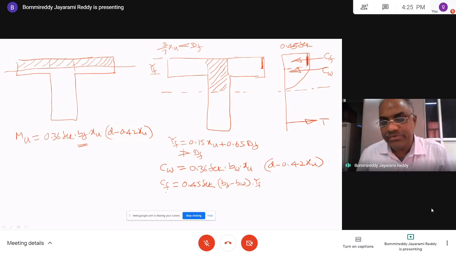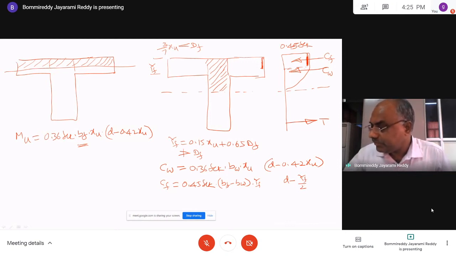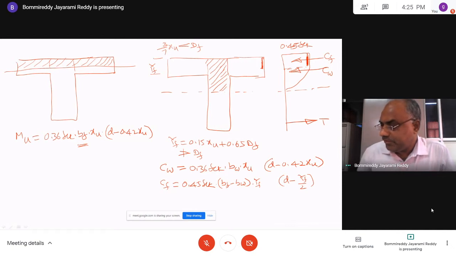So this is the compressive resistance of the flange. What is its lever arm? The lever arm will be equal to D minus YF by 2, because CF to the top is YF by 2. So the lever arm is the total depth minus YF by 2. If you want the moment, you take CW into (D minus 0.42 XU) plus CF into (D minus YF by 2).